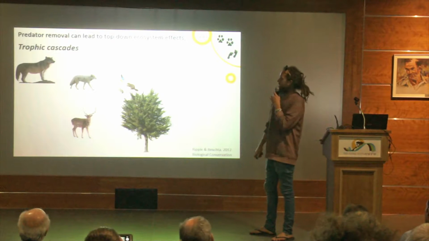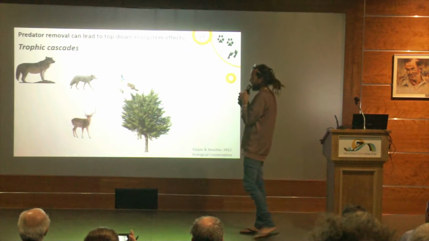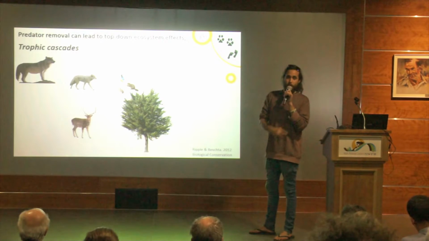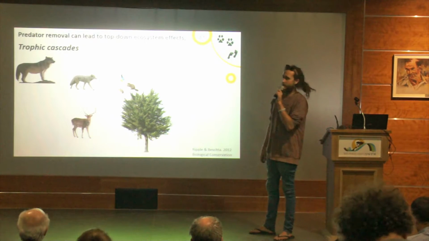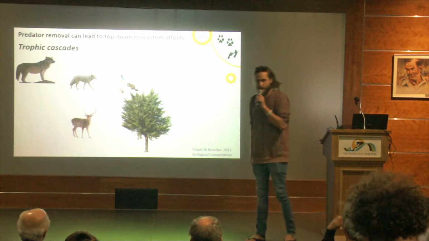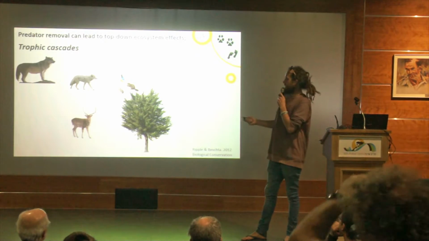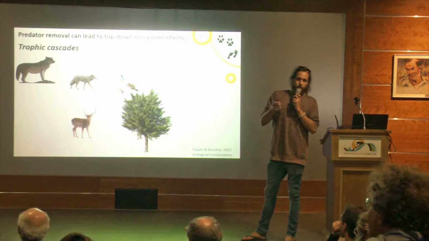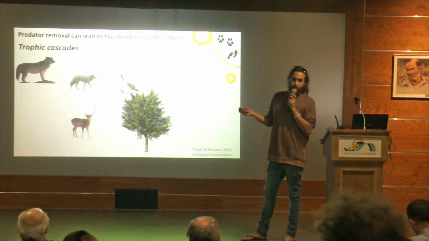So what happens when you remove an apex predator, such as a canid, from the ecosystem? A really good example has been shown in Yellowstone National Park in North America. In the 1920s, they got rid of wolves and just noticed massive changes in the ecosystem.